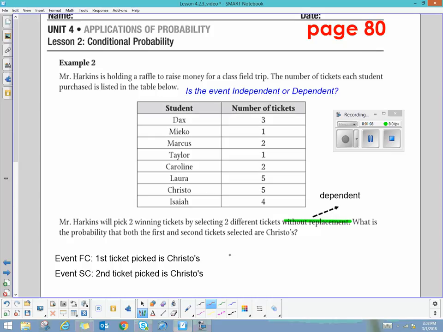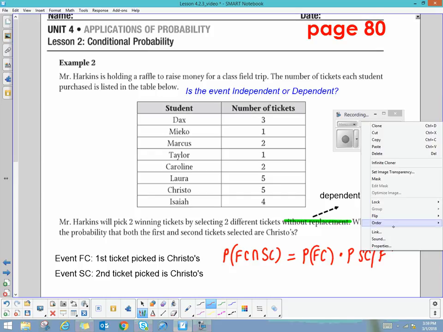So I want to calculate the probability that the first ticket is Christos and the second ticket picked is going to be Christos. And that is equal to the probability of picking the first ticket to be Christos, multiplied by the probability that the second ticket is Christos, given that the first one was his.